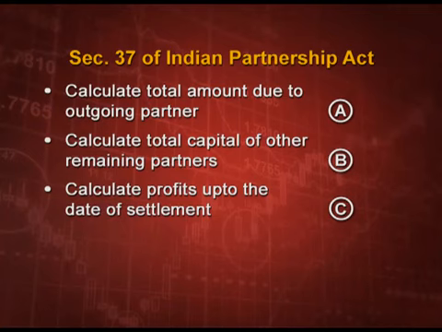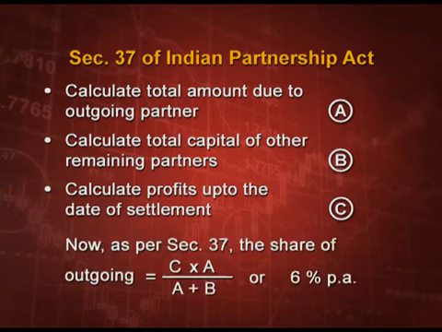Now, how to calculate as per section 37? Follow this formula: C into A upon A plus B. To simplify it, C means the profit, A means that partner's share, and A plus B means the total of all the partners' capital taken together.